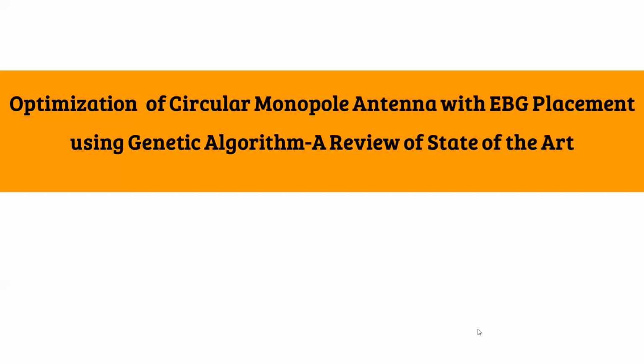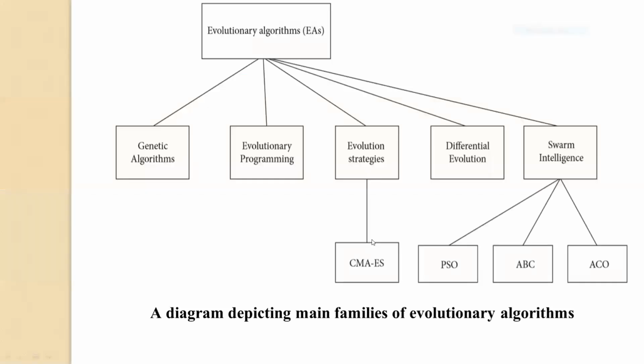So let us start how to reach this genetic algorithm. This is the flowchart. What are the main families available in evolutionary algorithms? Evolutionary means there are various algorithms being implemented in our topic.